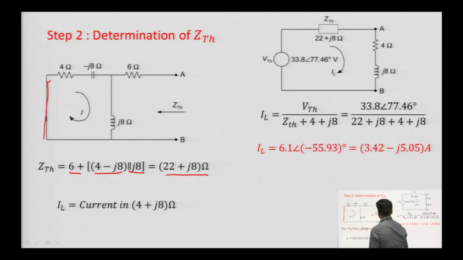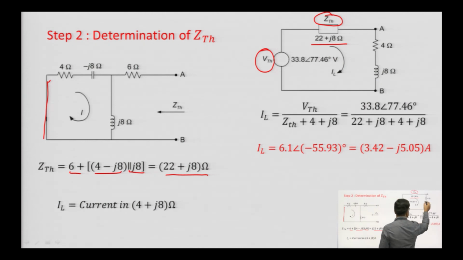VTH we calculated by open circuiting the terminal. ZTH we calculated by removing all the independent energy sources with their internal resistance, which is 22 plus j8 ohm.